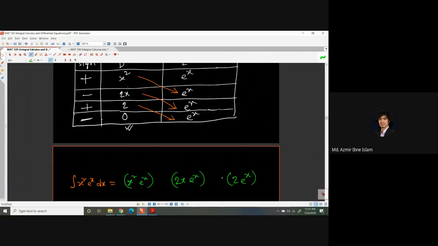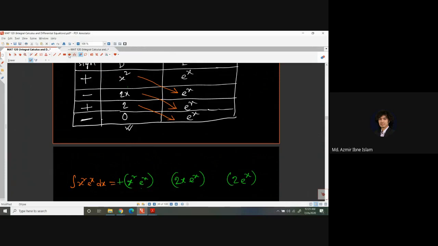Now we have to figure out what the sign will be here, here, and here. For this part we will come by this way. Here you can see plus x squared, automatically with plus. So for the first term, x squared e to the power x, we have plus plus plus plus plus, we are getting plus.